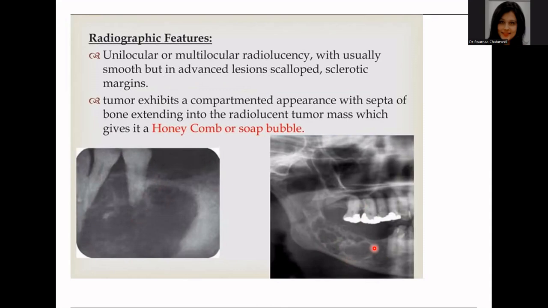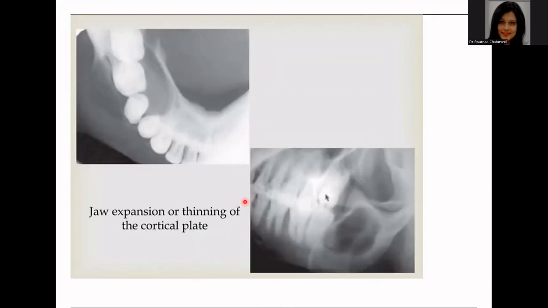It exhibits a compartmented appearance, with septa of bone extending into the radiolucent tumor mass, giving a honeycomb or soap bubble appearance. In this radiograph you can appreciate the jaw expansion and thinning of the cortical plate.